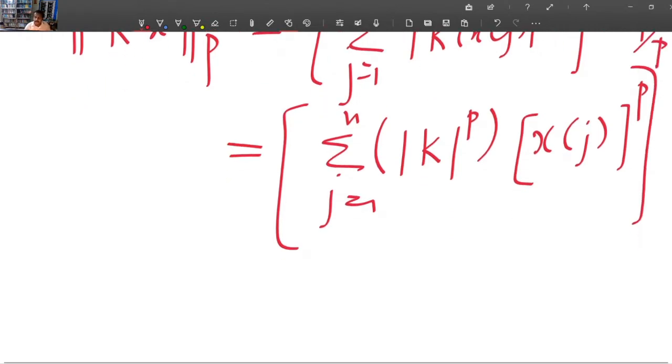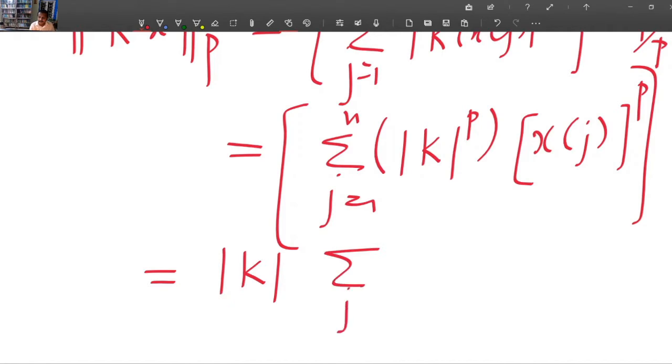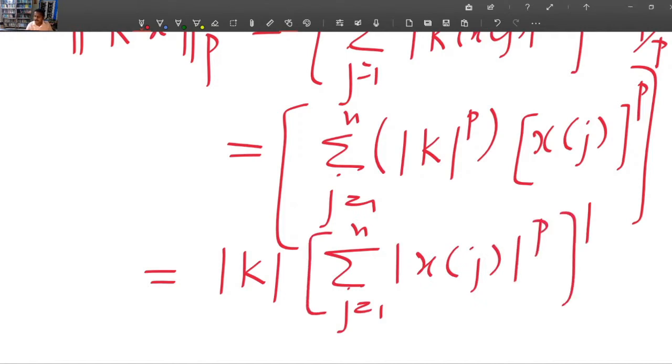You can take modulus of k raised to p outside from the sum, then you take 1 by p, so we are getting modulus of k outside into sigma j is equal to 1 to n modulus of x of j the whole raised to p the whole raised to 1 by p. So that is nothing but modulus of k into the p norm of x. So you have proved the homogeneity condition.